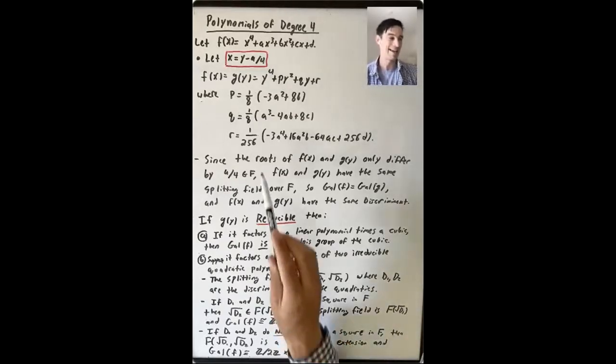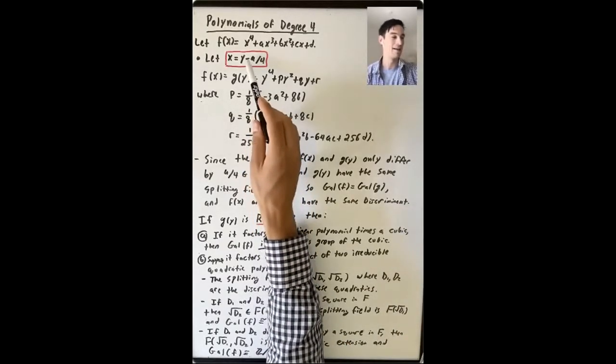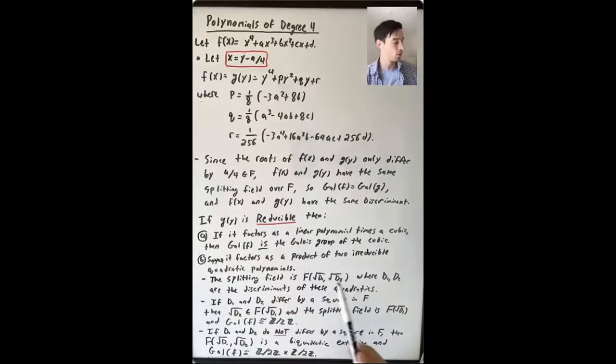Here we're talking about the discriminant of a quadratic polynomial, we're writing square root of d1, where d1 is the discriminant of a quadratic polynomial. This is just a good opportunity to remind you that we have assumed that the characteristic of F is not 2.